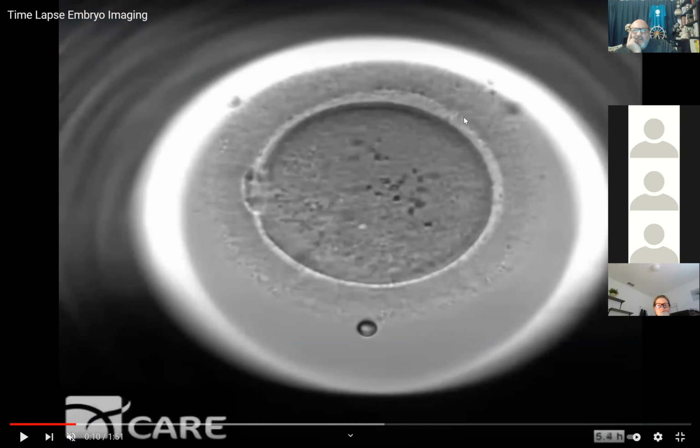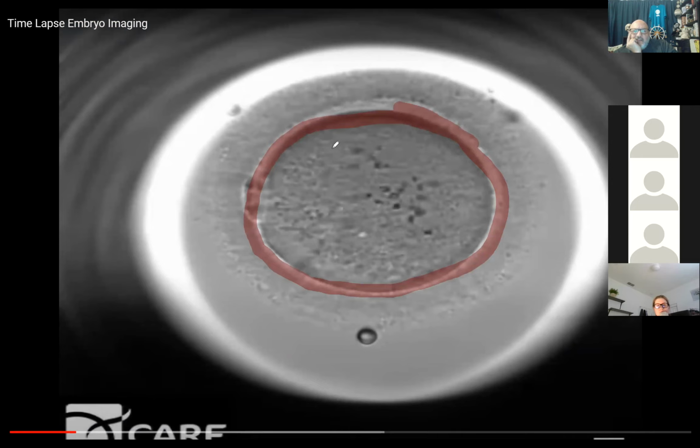So again, notice we can see the zona pellucidum on its outer surface. And basically we have a single cell inside of there.